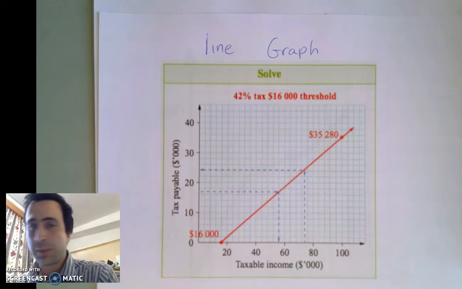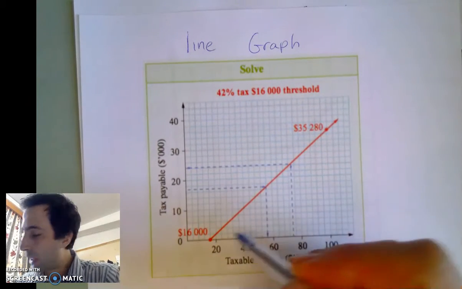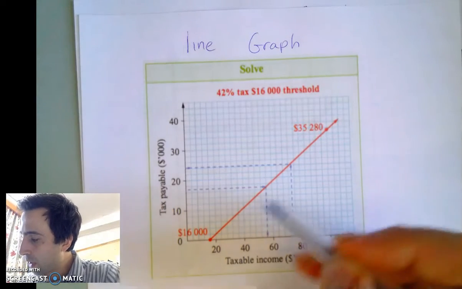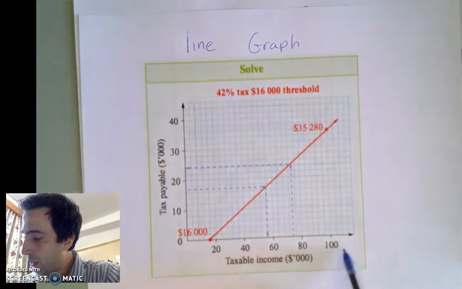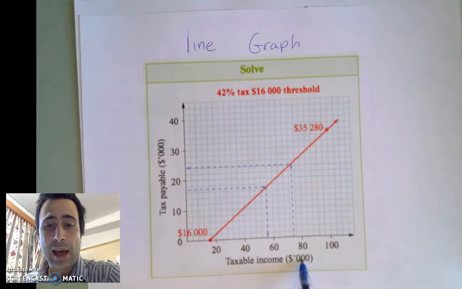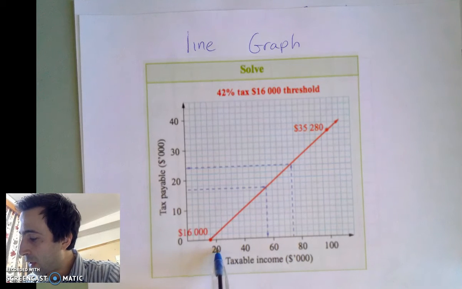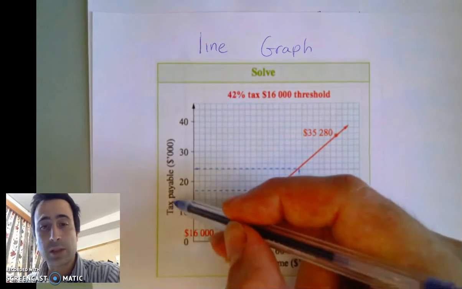Here's an example straight out of a textbook of a flat tax rate. On the horizontal axis, the x-axis, we see the taxable income in thousands of dollars. As we increase that, we also see that the tax payable increases.